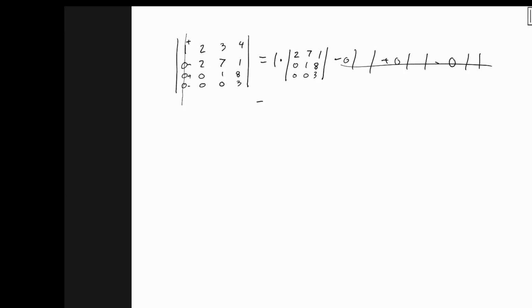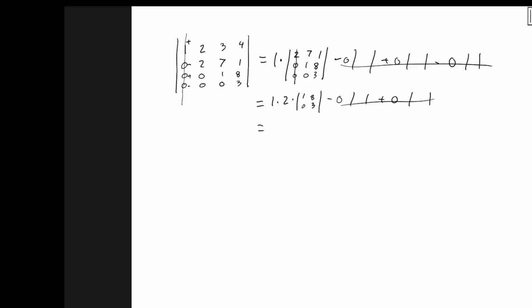So now I've got 1 times that determinant, but that determinant is an upper triangular matrix again. So I can go down that first column and get to calculate that determinant. It's 2 times the determinant of 1, 8, 0, 3 minus 0 times some determinant plus 0 times some determinant. Those pieces don't matter because they just go to 0.